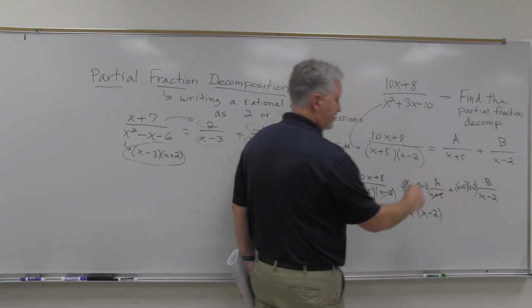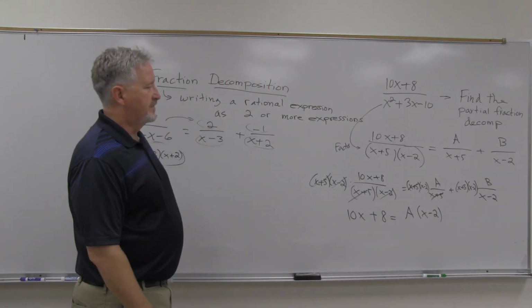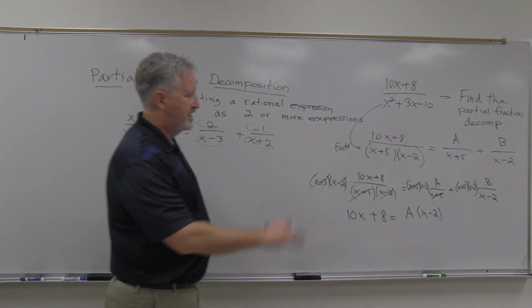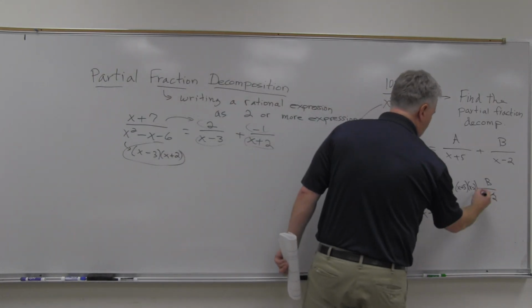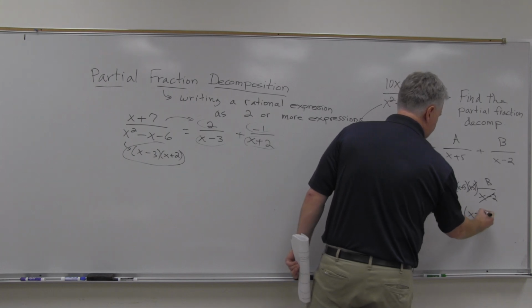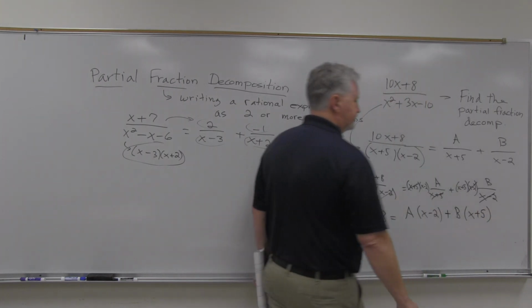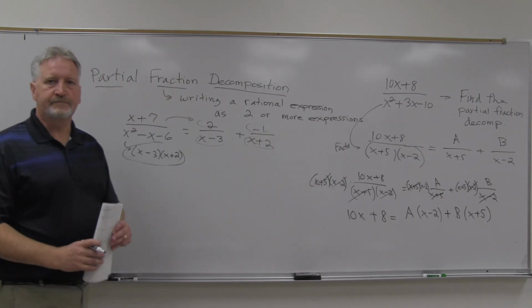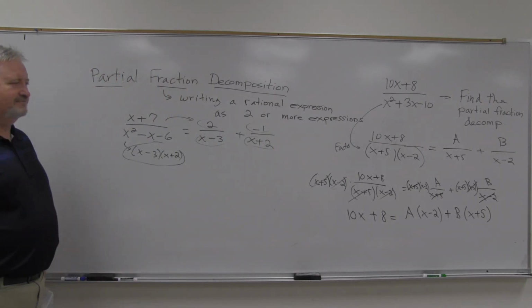You can write it the other way if you want. And then the other one: the x minus 2s cancel there, so that's B times x plus 5. Okay? So far, so good.